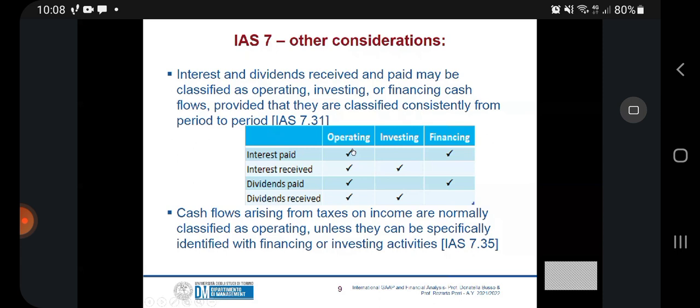Therefore, I receive some loan in order to supply money to my main business operation, that is the operating activity. And therefore, the cost of financing should be borne by the operating activity. That is why IAS 7 allows you to include interest paid as either financing or operating.